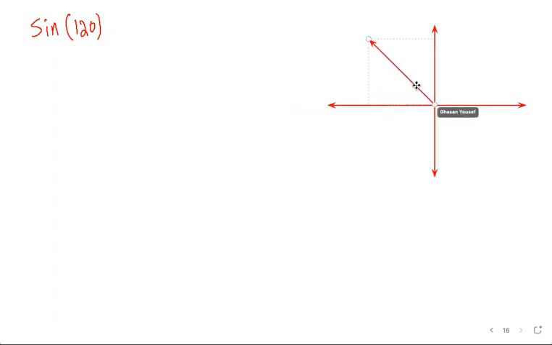Why is it in the second quadrant? Because it's between 90 and 180. This is 90. So the 120 is like this.